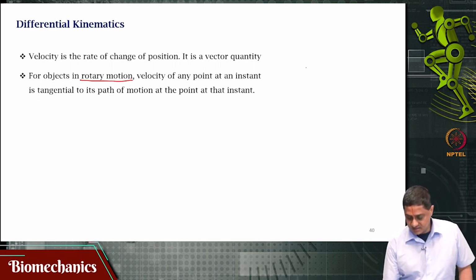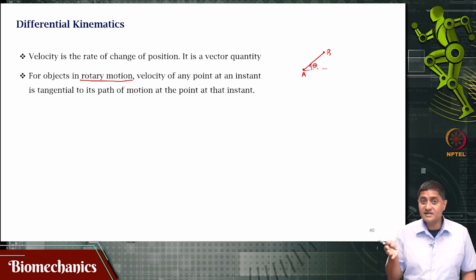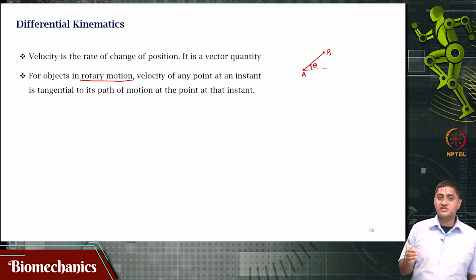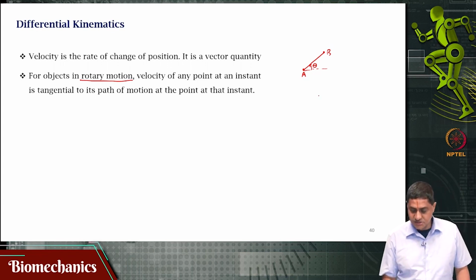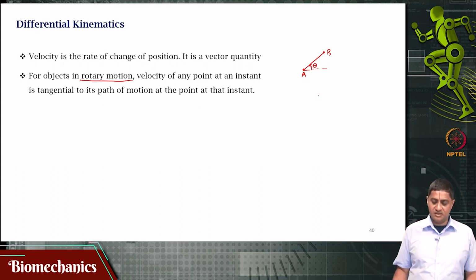Well, let us take a single link like this. This is theta, and this theta is changing with respect to time. So, there is a non-zero theta dot, let us assume that. In that case, the question is, what would be the direction of the velocity?